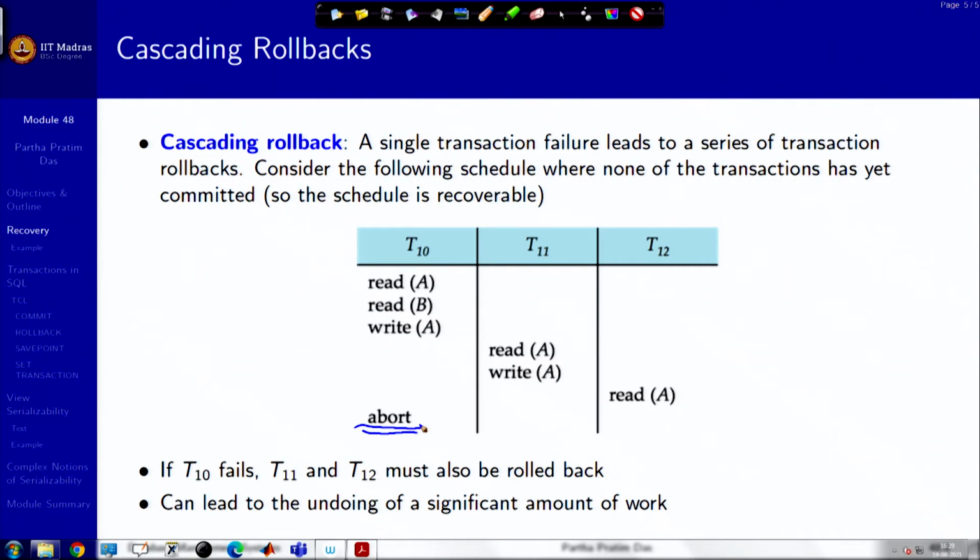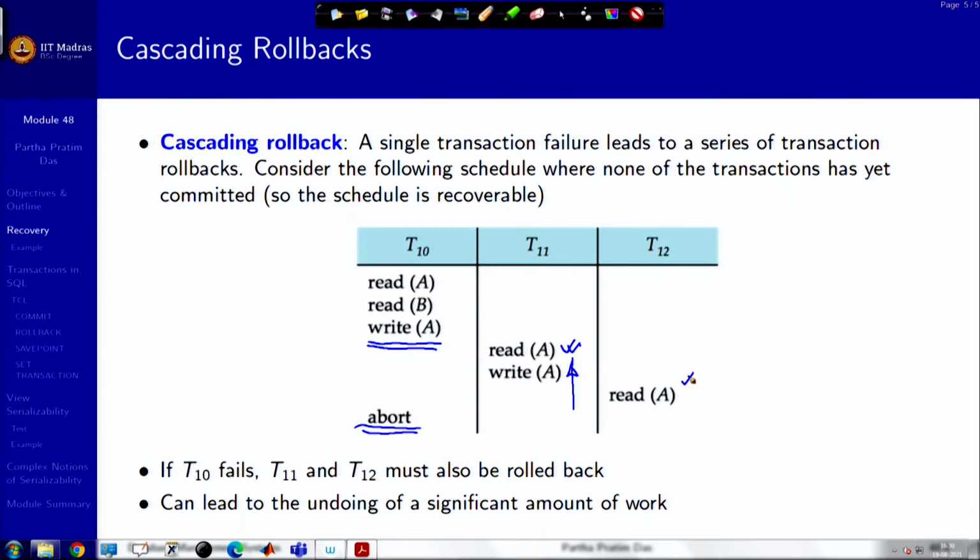If it rolls back, it will roll back this write A, which will mean that the read A that T11 did gets invalidated as well, because that A is no more available, T10 is undoing it. So, T11 must also be rolled back.